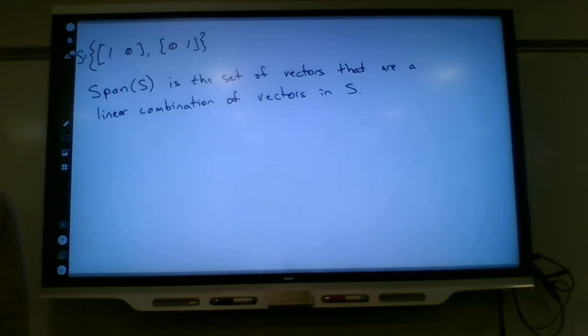And you construct a vector from these pieces by making linear combinations of them.